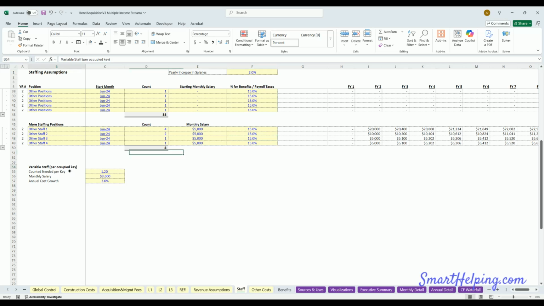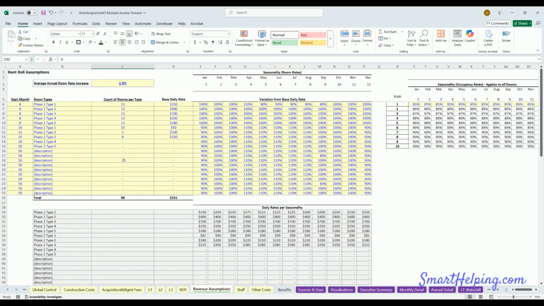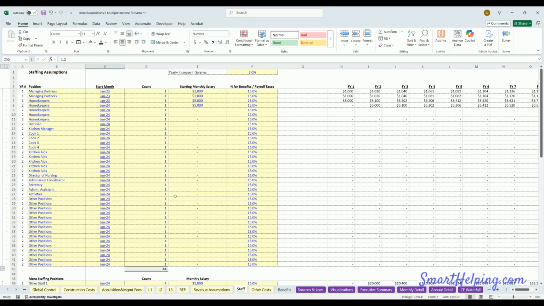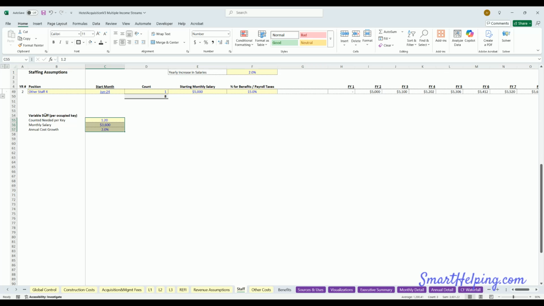And then here's a new piece that I didn't have in the original hotel model, which is the variable staffing. So you can say how many you need per key, and as you're scaling up your rooms, opening up more rooms, that will adjust your staff amount, the monthly salary, and then the annual cost growth of that.